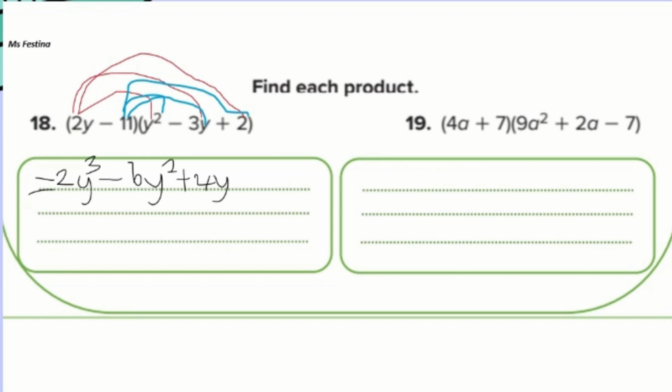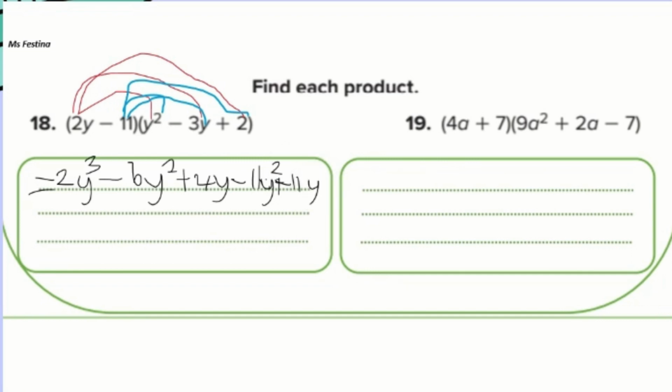Negative 11 multiplied by y squared gives you minus 11y squared, okay? And then negative 11 multiplied by negative 3y gives you positive 33y, because negative times negative gives you positive.